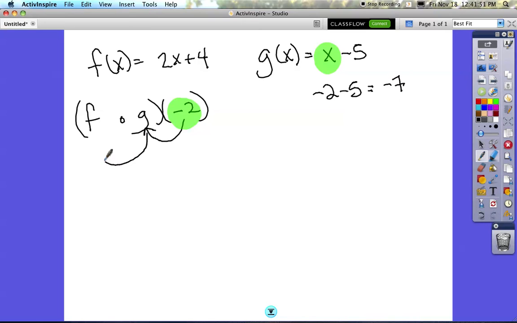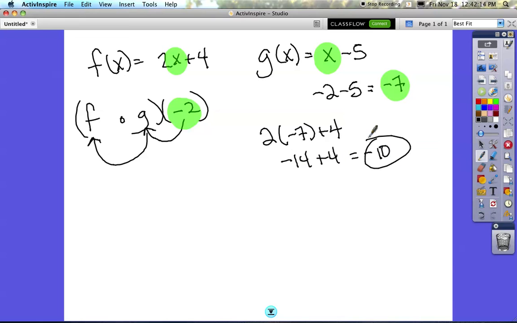Now that's going to go into the f. So we're going to put this right there. And I'm going to say 2 times -7 plus 4. What's 2 times -7? Plus 4. Your final answer is -10.